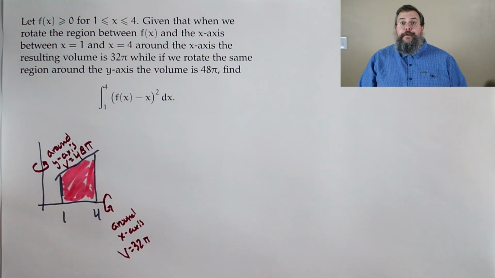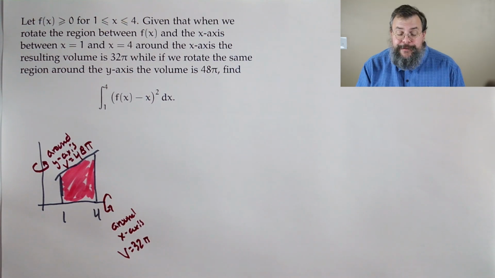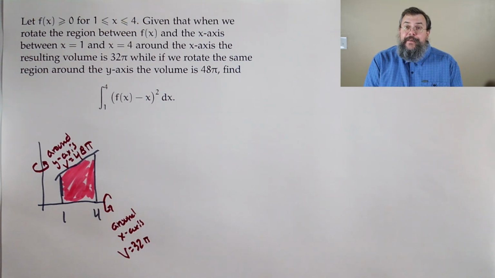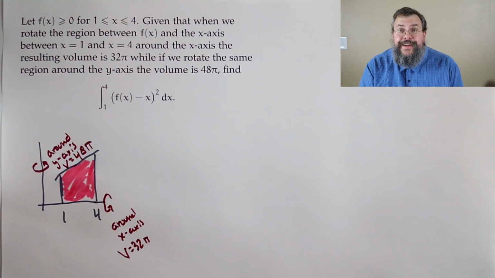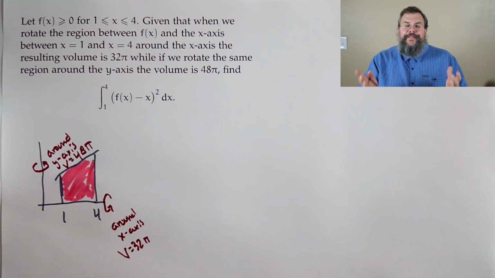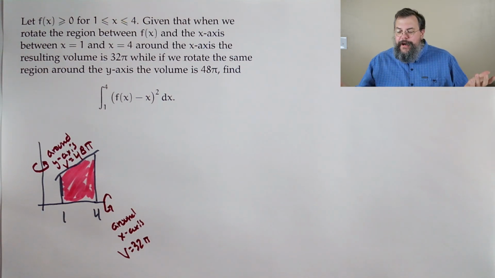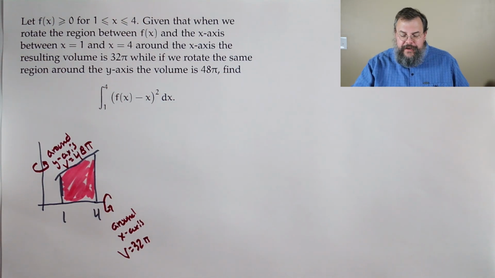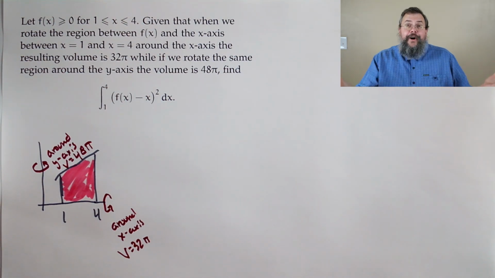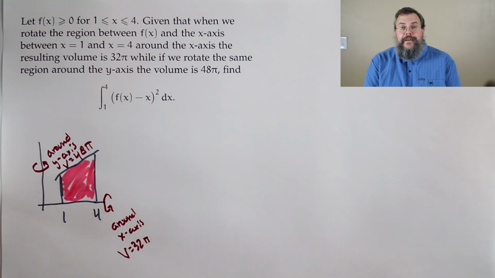And now, our problem. Find the integral from 1 to 4 of f of x minus x quantity squared. Now, our initial reaction is, we don't have enough information because we don't know what f of x is. How can we possibly figure out what the integral of f of x is if I don't even know what f of x is?